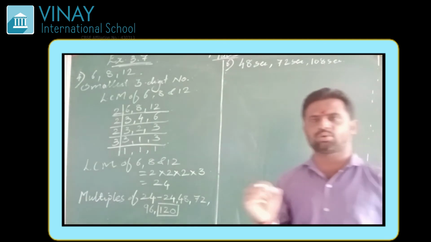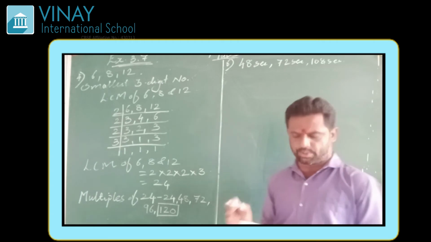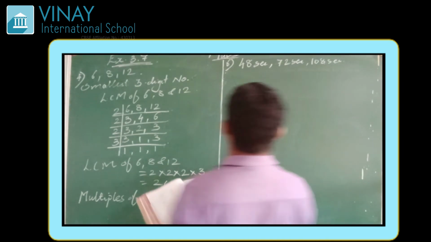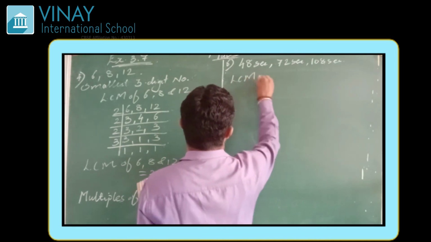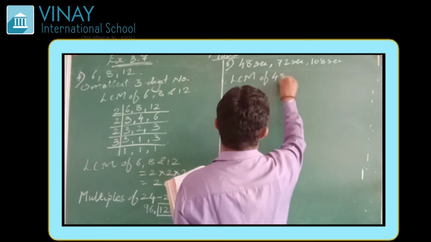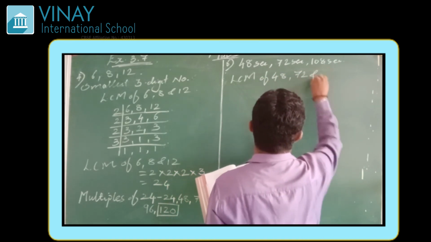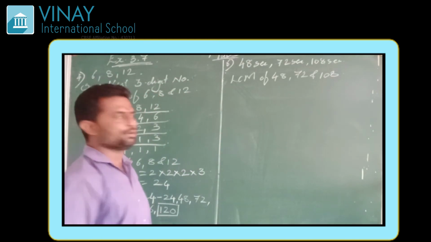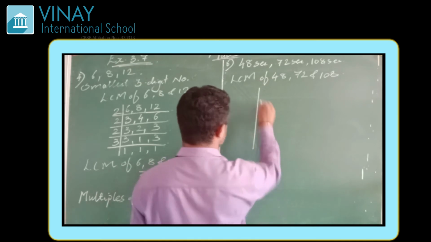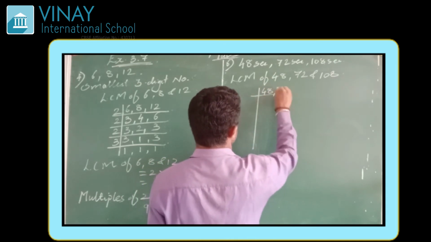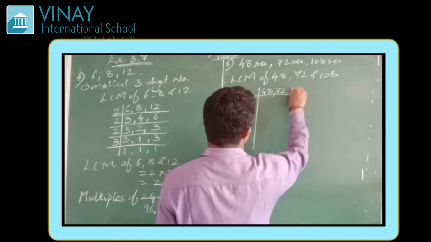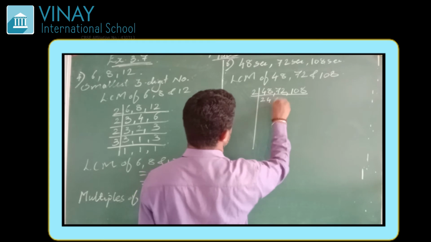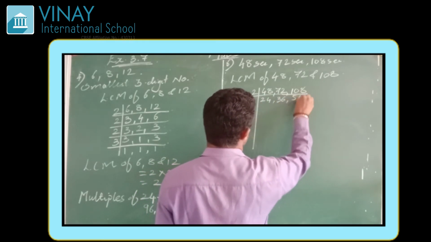So first we need to find out how much time it will take until they combine again. For that we first need to find out the LCM of 48, 72 and 108. Let us find out the LCM. Divide by 2: 24, 36, 54.